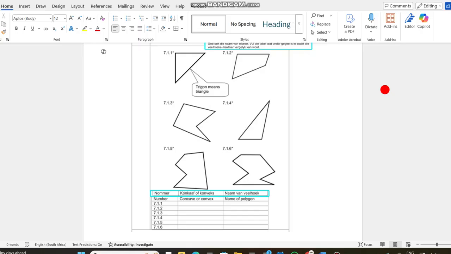It's a pentagon. 4 is convex. 3 angles, a trigon. 5 is concave. 6 angles, it's a hexagon. 6 is concave, 8 angles, octagon.